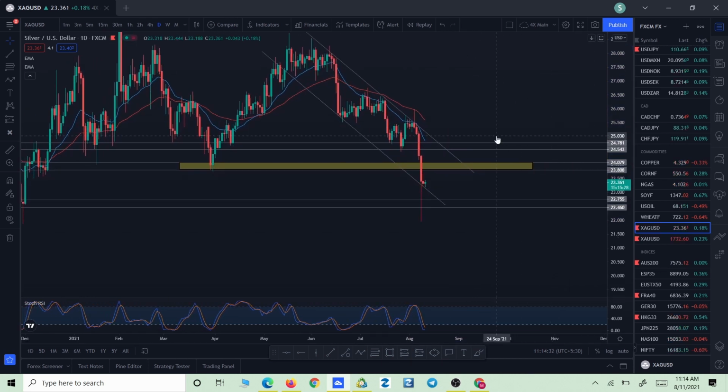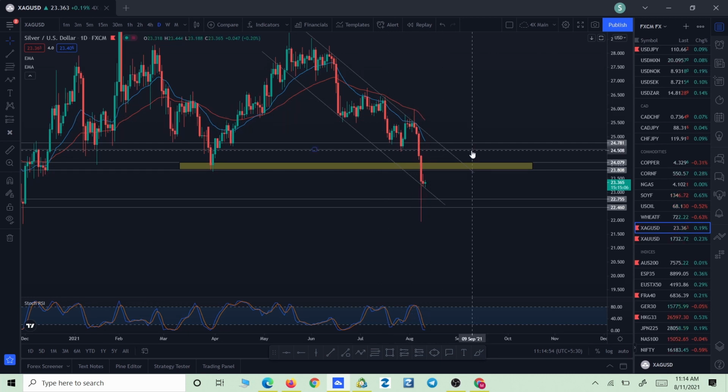At the same time, we also see that the 20 EMA is below the 50, which indicates the price is in a downtrend. And we can also see that the EMA acted as a resistance in the past, here and here. So the 20 EMA acted as a resistance here, here, and here. Also the 50, if you can see.